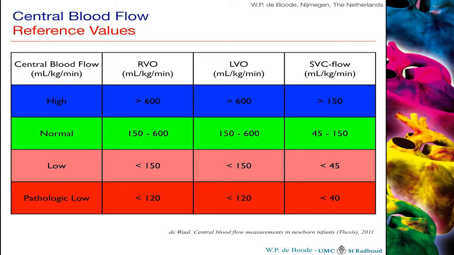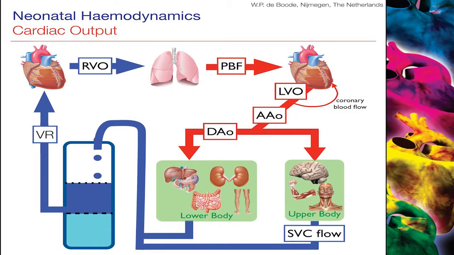But there was a low cardiac output when I take these reference values into account. So should we adjust the reference values, or is it a problem in the baby that we don't know yet? I'm not sure. We have to study that and analyze it in more detail.